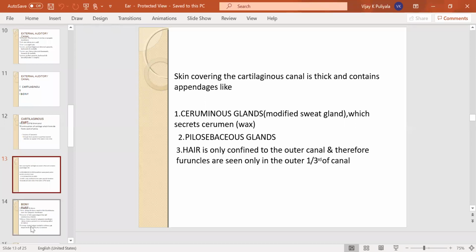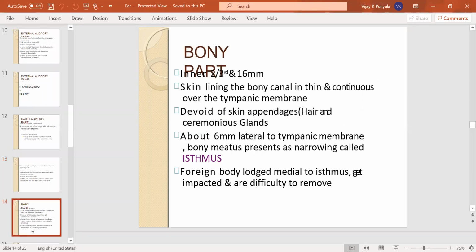So next coming to the bony part. The bony part is nothing but the inner 2/3 of the external auditory canal. The skin lining the bony canal is thin, and it is continuous over the tympanic membrane.